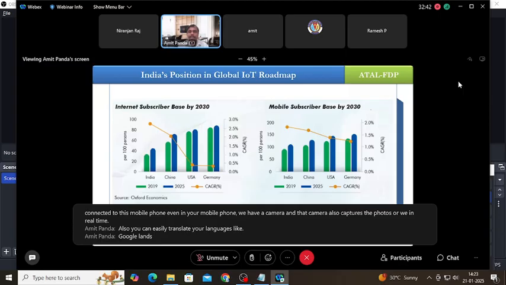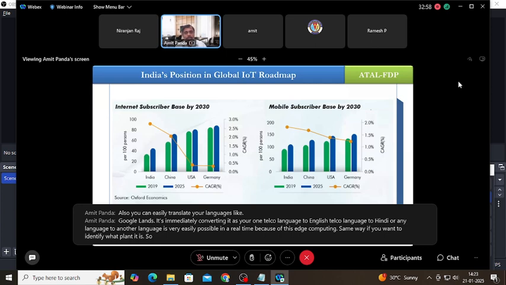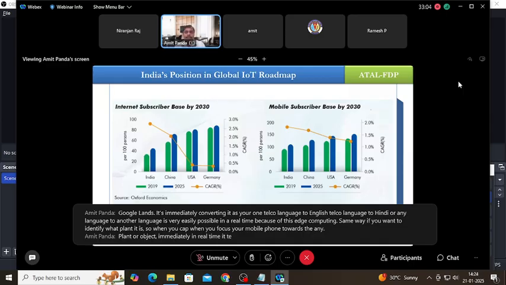It immediately converts Telugu to English, Telugu to Hindi, or any language to another language in real time because of this edge computing. In the same way, if you want to identify what plant it is, when you focus your mobile phone towards any plant or object, immediately in real time it tells you if the plant is a rose or some other plant. So it easily identifies in real time within a second.